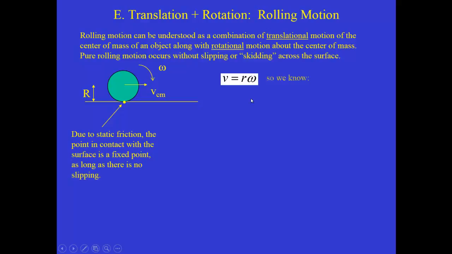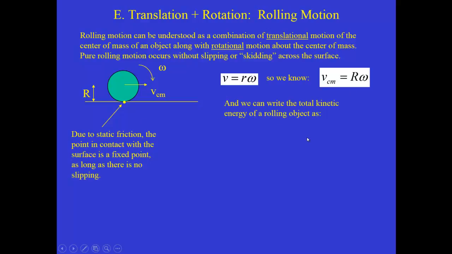And so for the center of mass, we find that the velocity of the center of mass is equal to the radius of the object, cylinder or sphere, times omega. And that's an important relationship that defines what it means to have motion without slipping, or pure rolling motion.